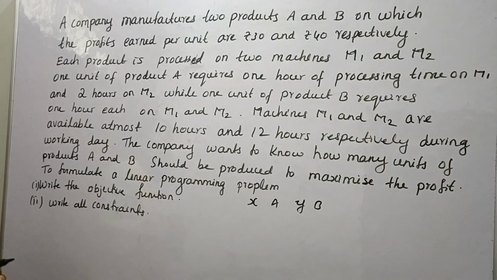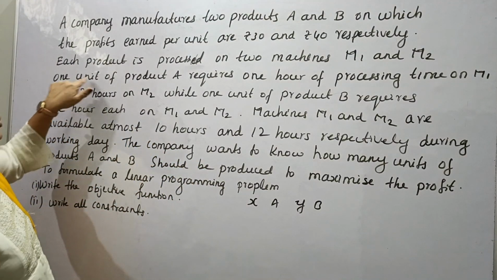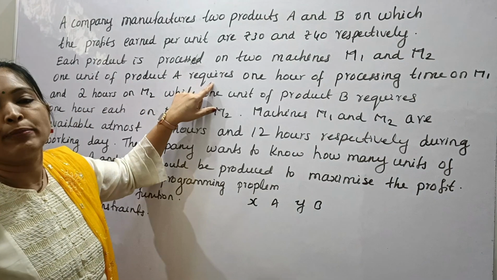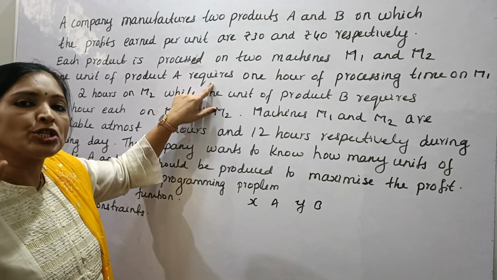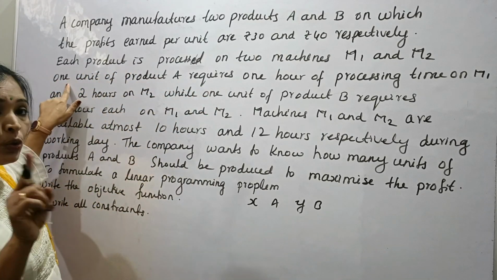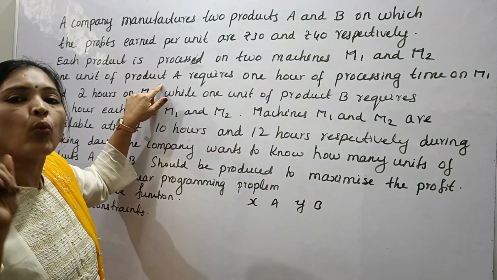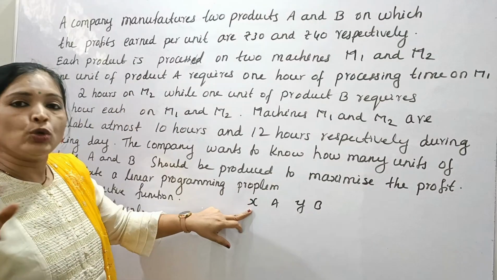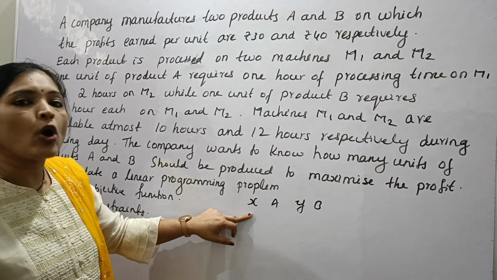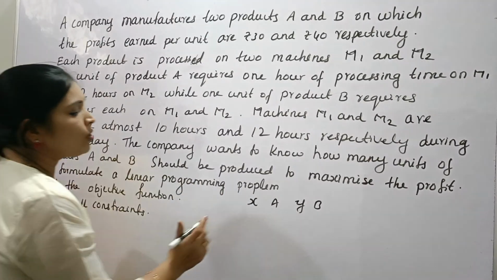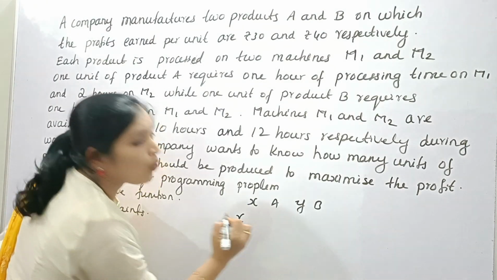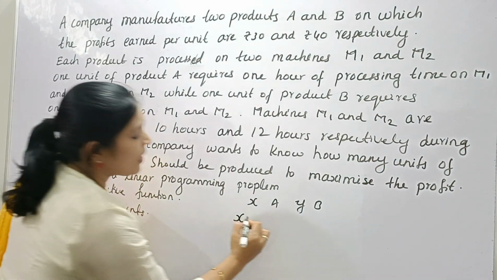Okay, in machine M1, it is given that 1 unit of product A requires 1 hour of processing time on M1. How many units are there? x is the number of units of product A. Therefore, the total time is x into 1, that is x.